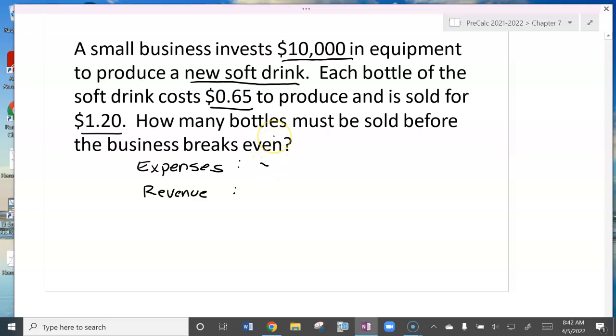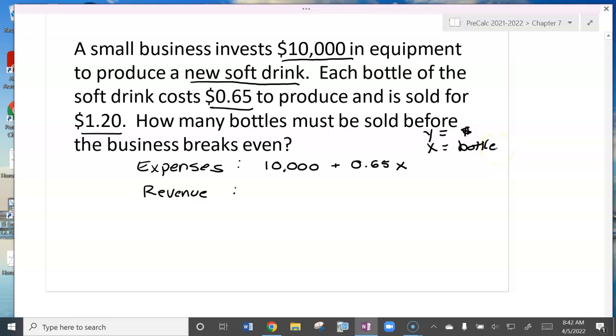So their expenses are going to be $10,000. Okay. And then each bottle that they produce is 65 cents. So plus 0.65x. So in here, y is going to be money, and x is going to be the bottles of soft drink.